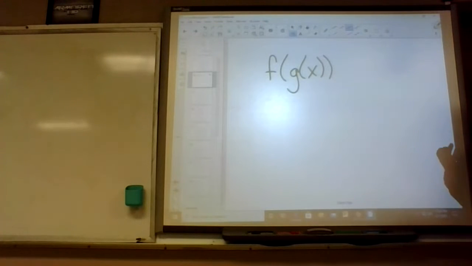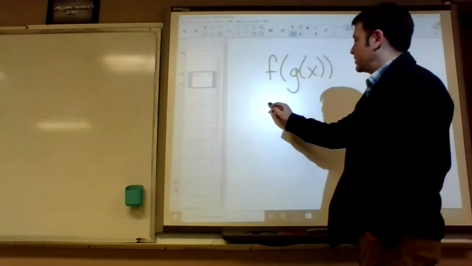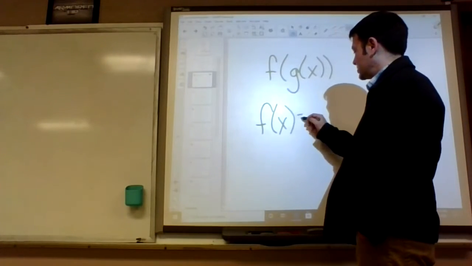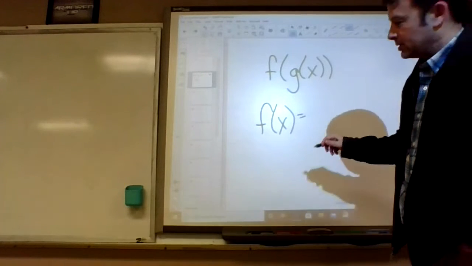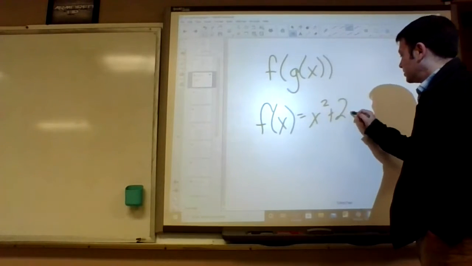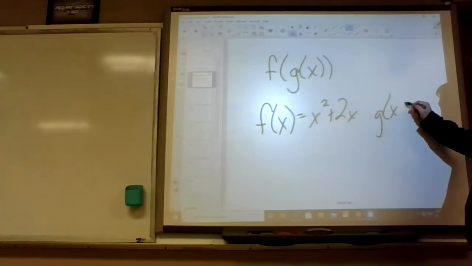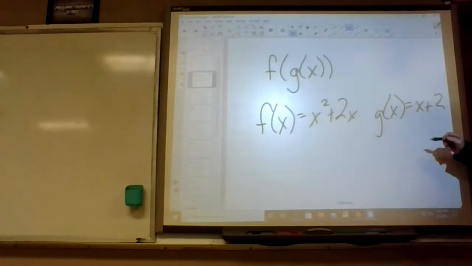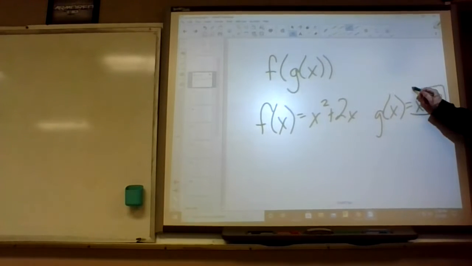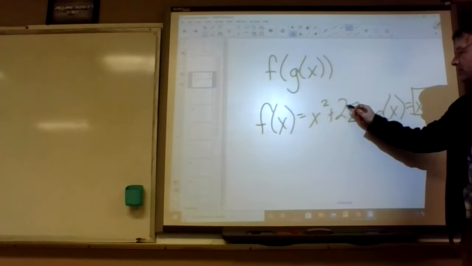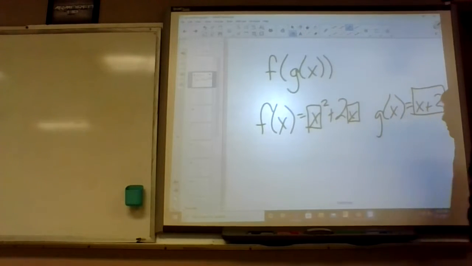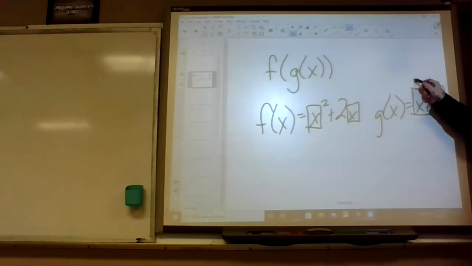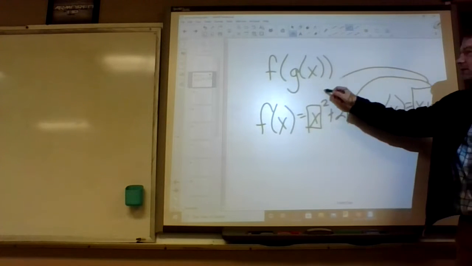So you take everything that is g, and you drop it into the f function where the x used to be. So f of x was x squared plus 2x, and g of x was x plus 2. So we're supposed to be picking this up and putting it into the f function where the x was.